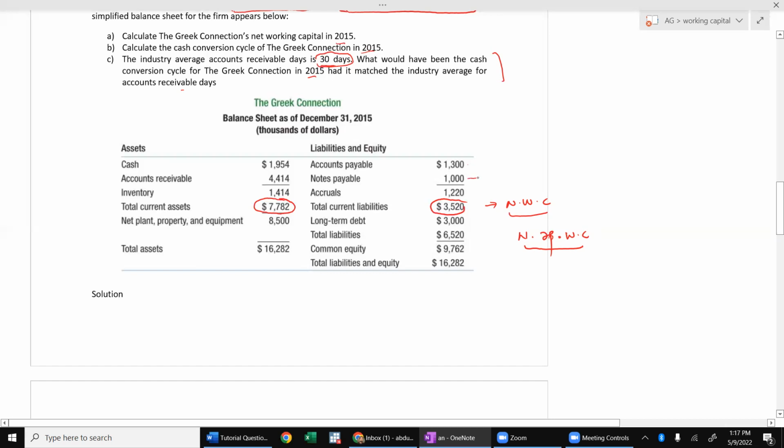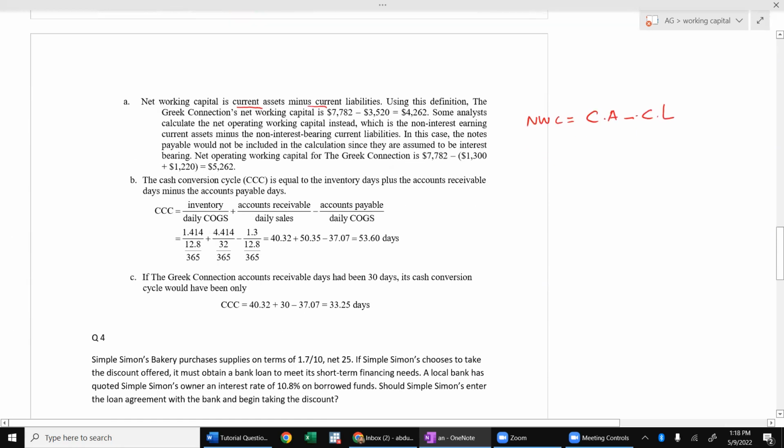Notes payable are basically short-term loans. On these loans, we pay some interest, and accruals are also part of that. Normally they exclude these two components when they calculate net operating working capital. So what do we need to do then? Net operating working capital is equal to current assets minus notes payable plus accruals.